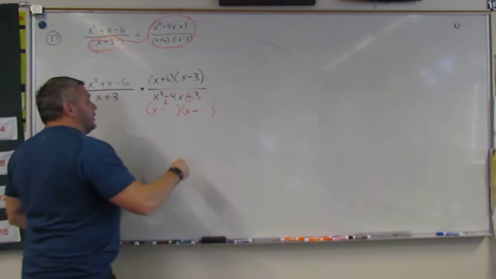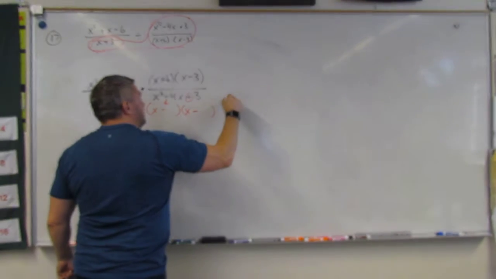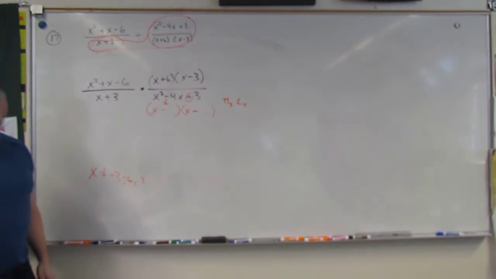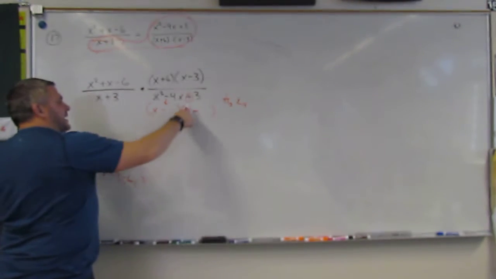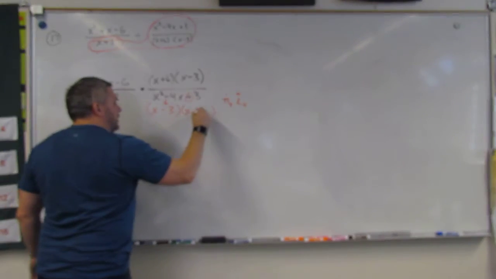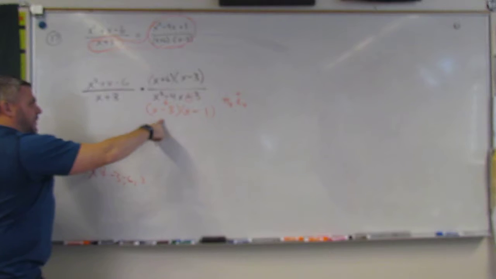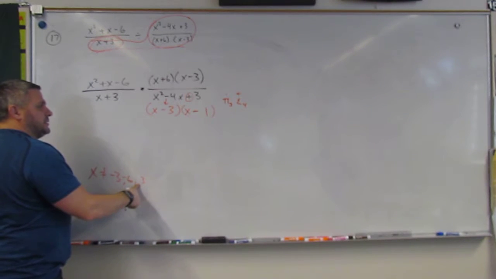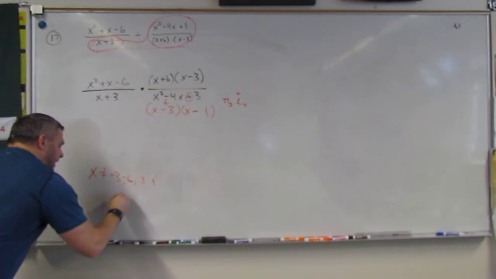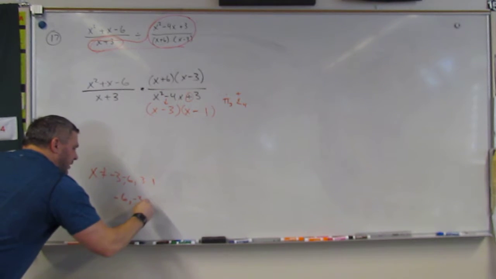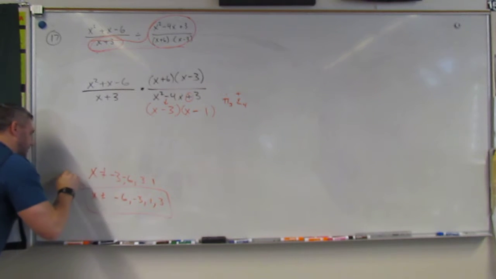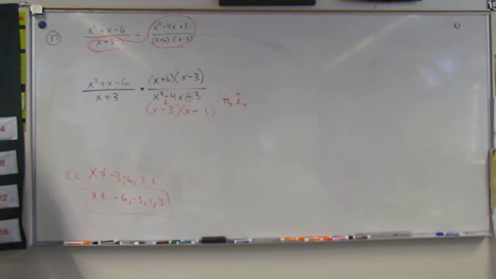Then I need the product to be 3 and the sum to be 4. So I need two things that multiply to be 3 but add to be 4. 3 and 1. So again, we have a +3 and a +1. I could reorganize this as -6, -3, 1, and 3, and that's what x cannot be. And there's your extra credit.